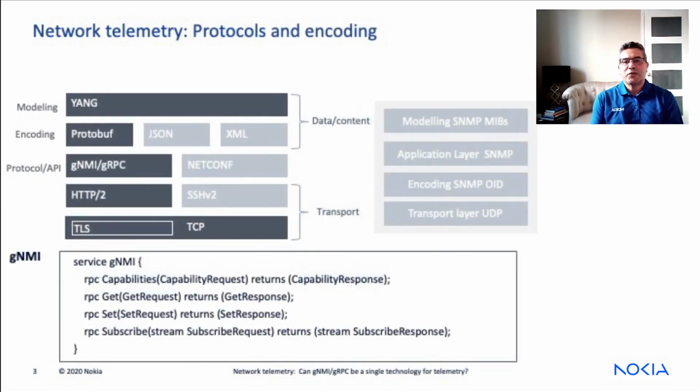Let's take a look at the protocols and encoding used in streaming by gRPC in comparison to NETCONF or SNMP, for example. The telemetry data structure is modeled and described using Yang. Instances of the data can be encoded in XML, JSON, or protobuf, depending on what protocol is used to retrieve the information.